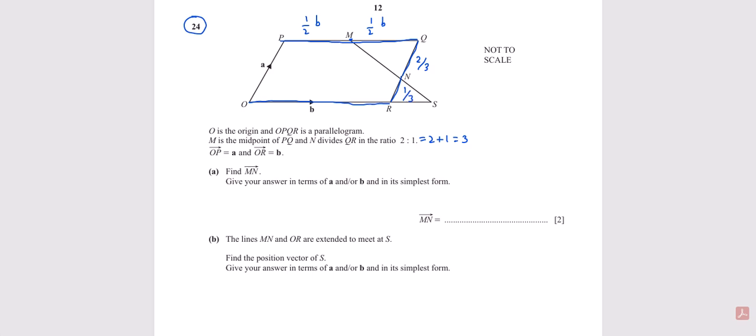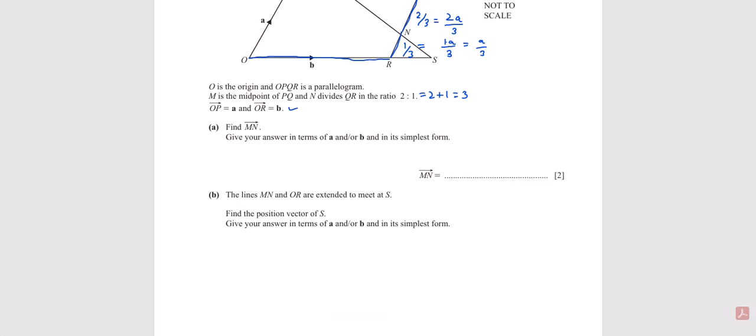That line is equal to A, so that is equal to 2A over 3. And this one is equal to 1A over 3, that is A over 3. OP is equal to A and OR is equal to B. Find MN.